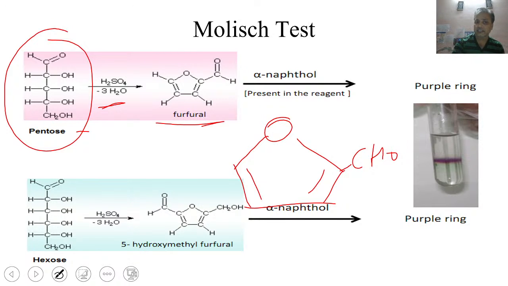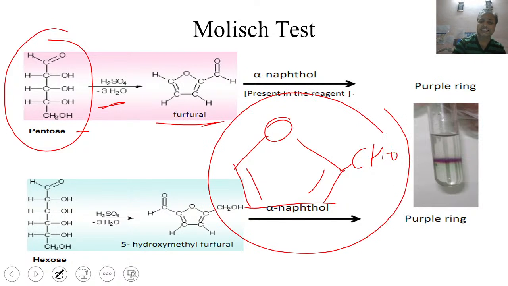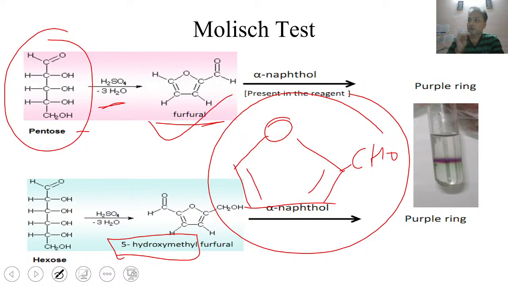The only difference is, in the case of pentose we don't have any substituent at the 5th carbon. In the case of hexose we have the 5-hydroxymethyl derivative. So this is my dehydrated product. The dehydrated product of pentose is the furfural compound, and the dehydrated product of hexose is hydroxymethyl furfural.